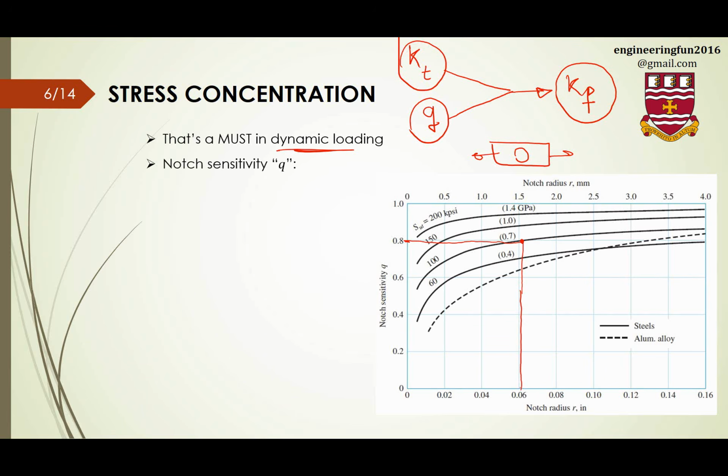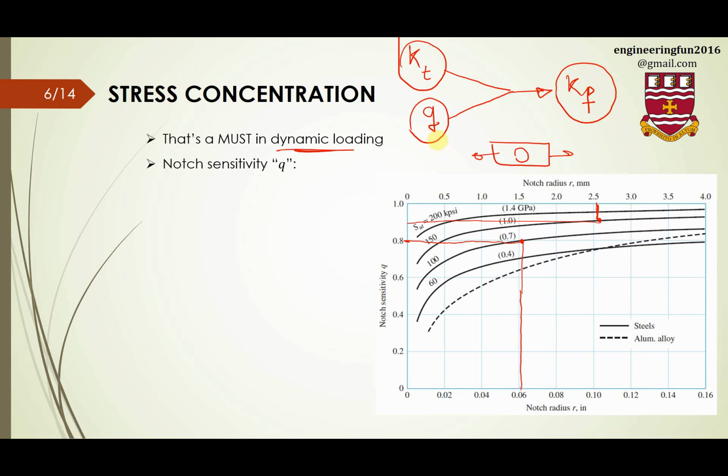If I'm in SI units, and the radius is, for example, 2.5 millimeters, I start from the top, and if the SUT of the material is 1 gigapascal, I find the intersect between the radius and that SUT, and I read the number again on the left. So in this case, that's almost 90%.